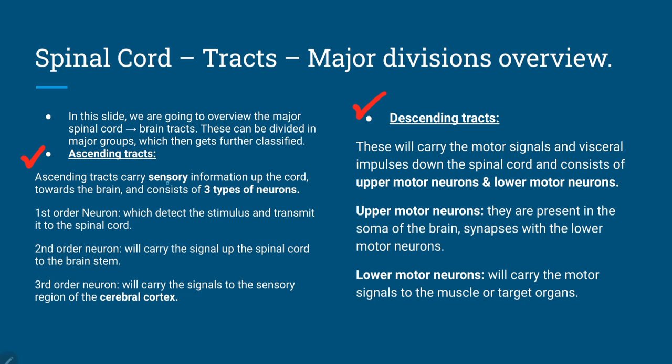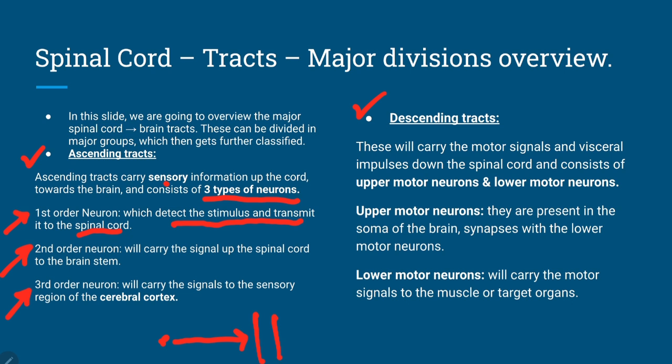The ascending tracts carry the sensory information up the cord towards the brain, and they consist of three types of neurons: the first order neuron, the second order neuron, and the third order neuron. The first order neuron will detect the stimulus and transmit it to the spinal cord. For example, if there is a limb, its job is to transmit the signal to the spinal cord.